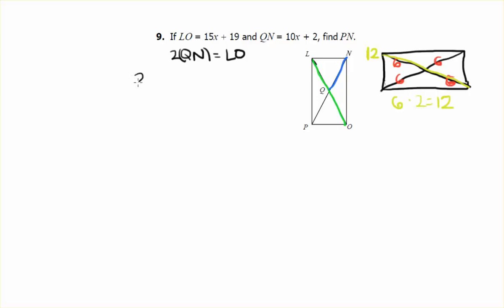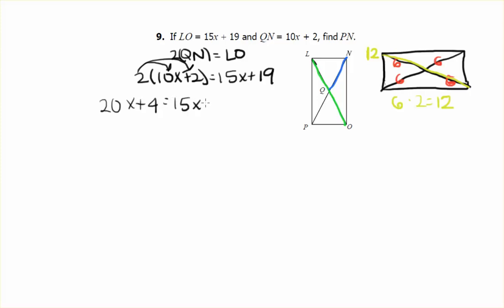So I'm saying 2 times 10x plus 2 is going to equal 15x plus 19. So the first step to solve is you want to distribute that 2. So then we have 20x plus 4 equals 15x plus 19. Now it's just like any other equation we've been working with.